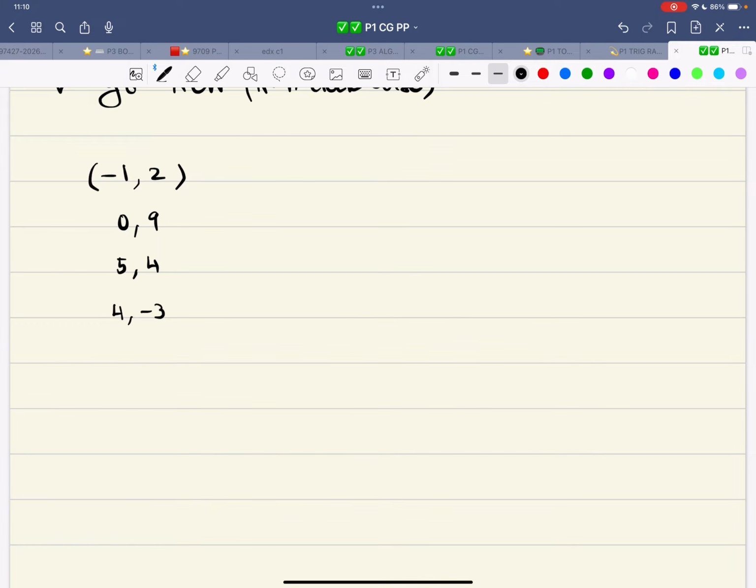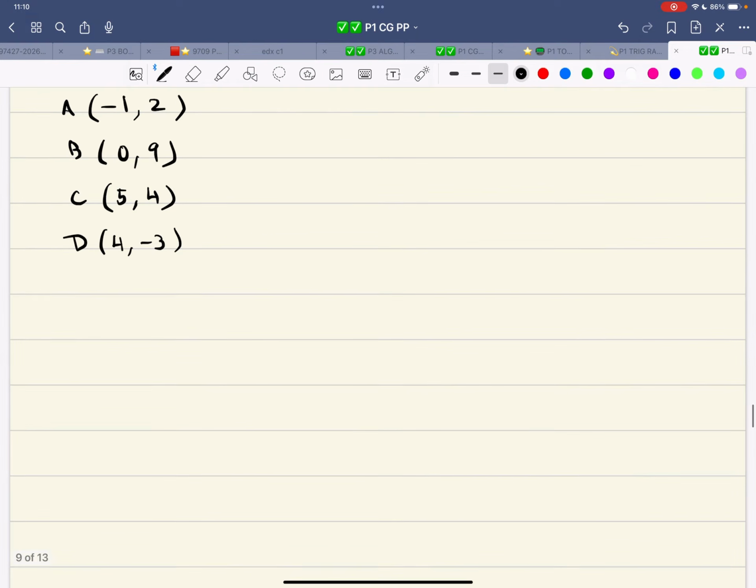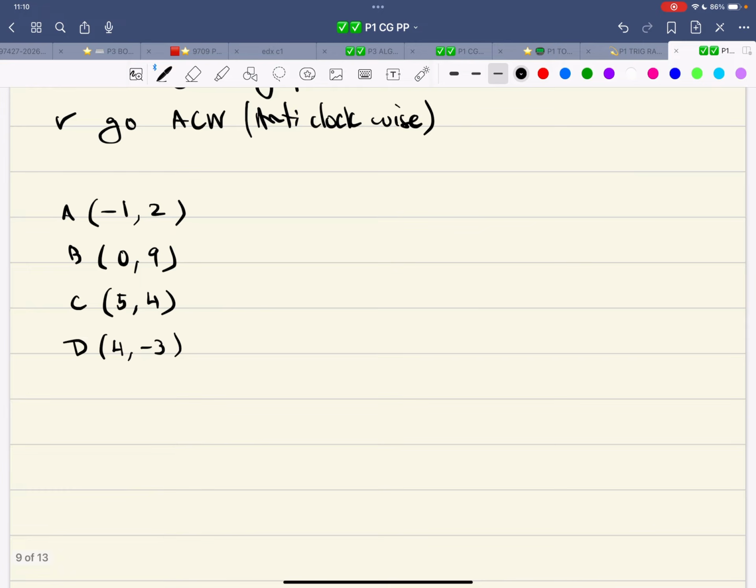Now this is A, this is B, this is C, this is D. I can start with any point. So let me start with A. So therefore area, that is half, and -1, 2, 0, 9, we write it like this, 5, 4 and 4 and -3.